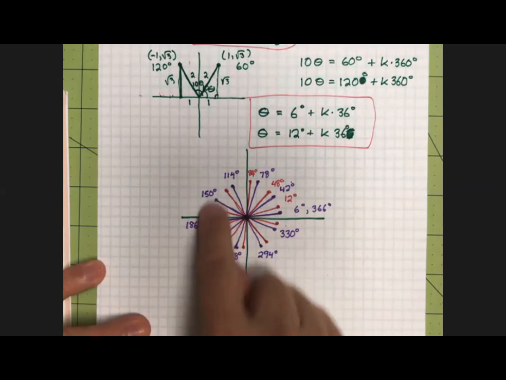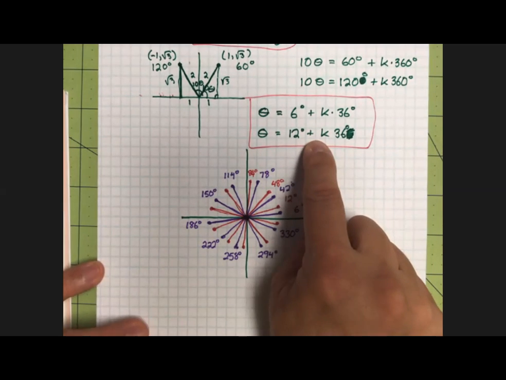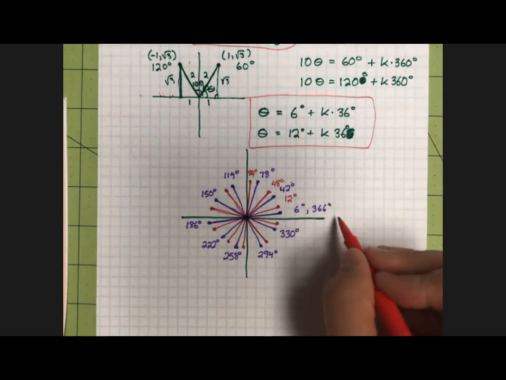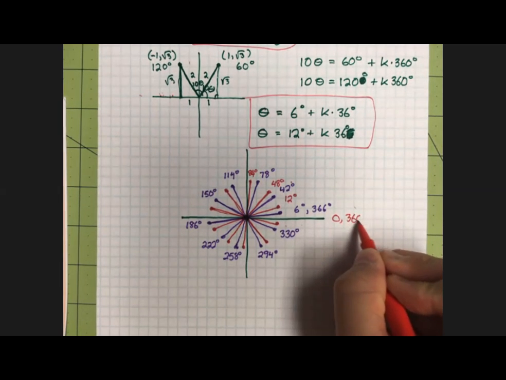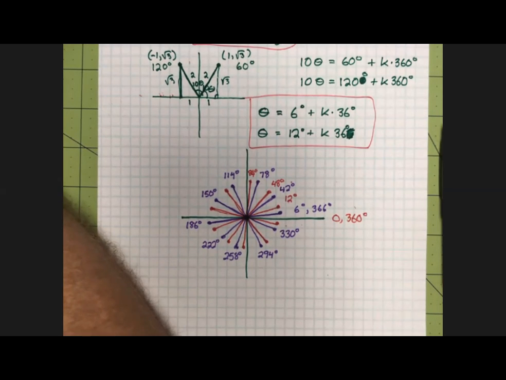Here, I haven't even drawn them all because I could keep repeating and repeating. But this accounts for all the answers, but I want to see at least 20 answers. Well, I want to see exactly 20 answers between 0 and 360 degrees. Okay, so sine 10 theta, let's try it out.